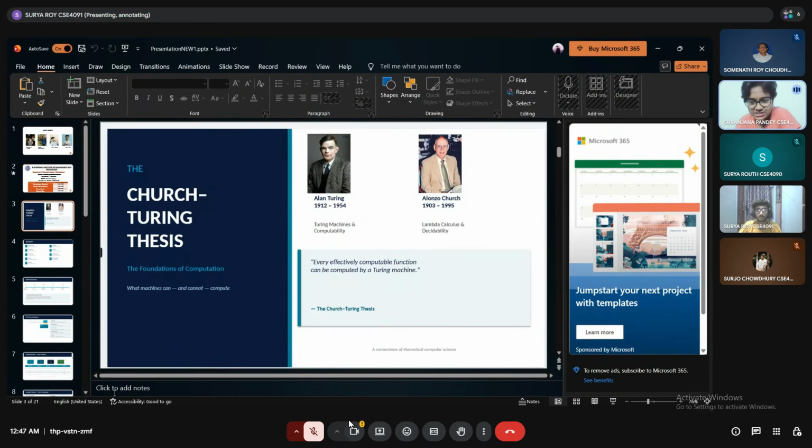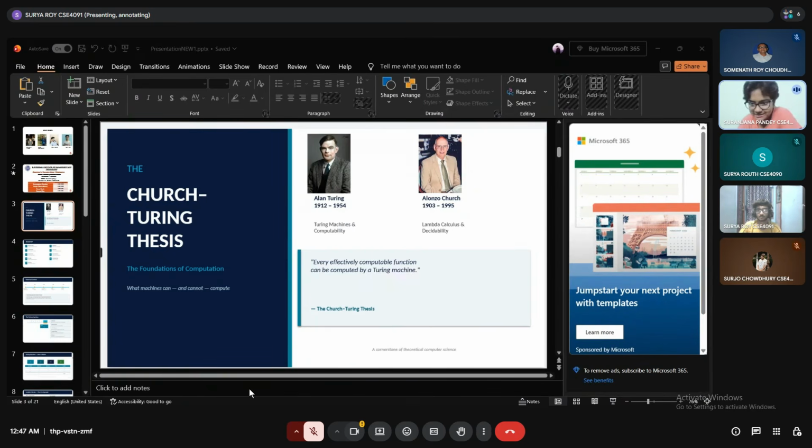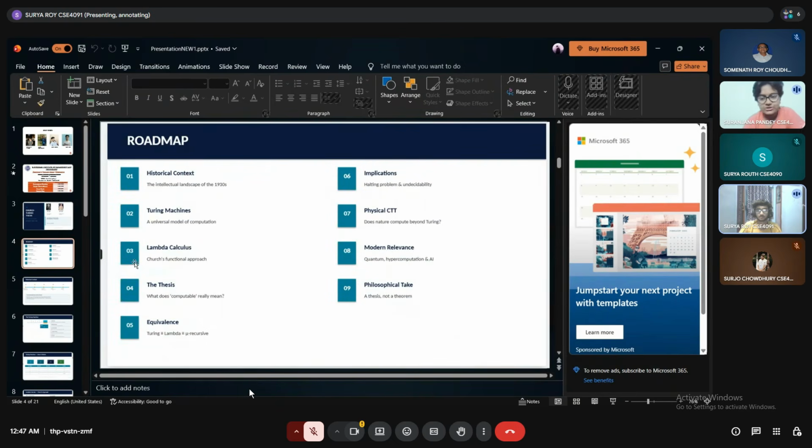Okay, so the Church-Turing thesis covers what the Turing machine is, the Church-Turing thesis in general, and details about them. The next slide, please. Okay, so the roadmap slide describes the contents covered in this entire presentation.